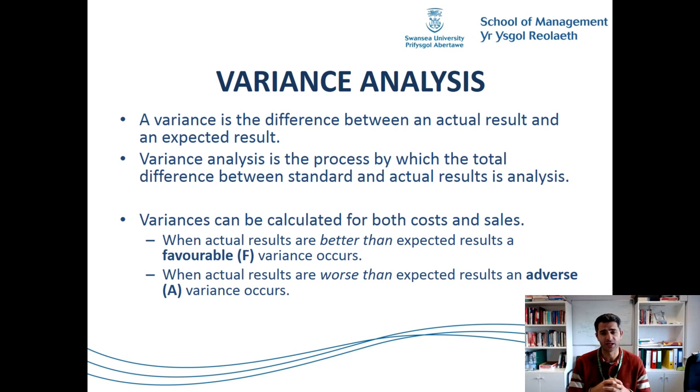But if the result is bad for the business, this means it's adverse or unfavorable. For example, if the actual cost is more than the budgeted cost, this means it's unfavorable, adverse for the business, and vice versa. It's favorable if the actual cost is less than the standard or the budgeted cost.